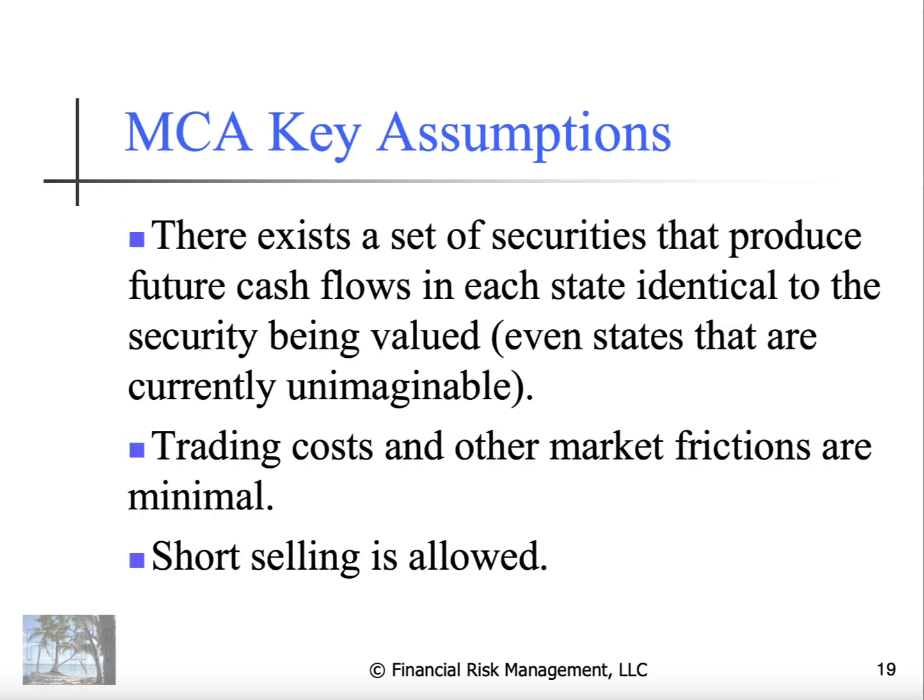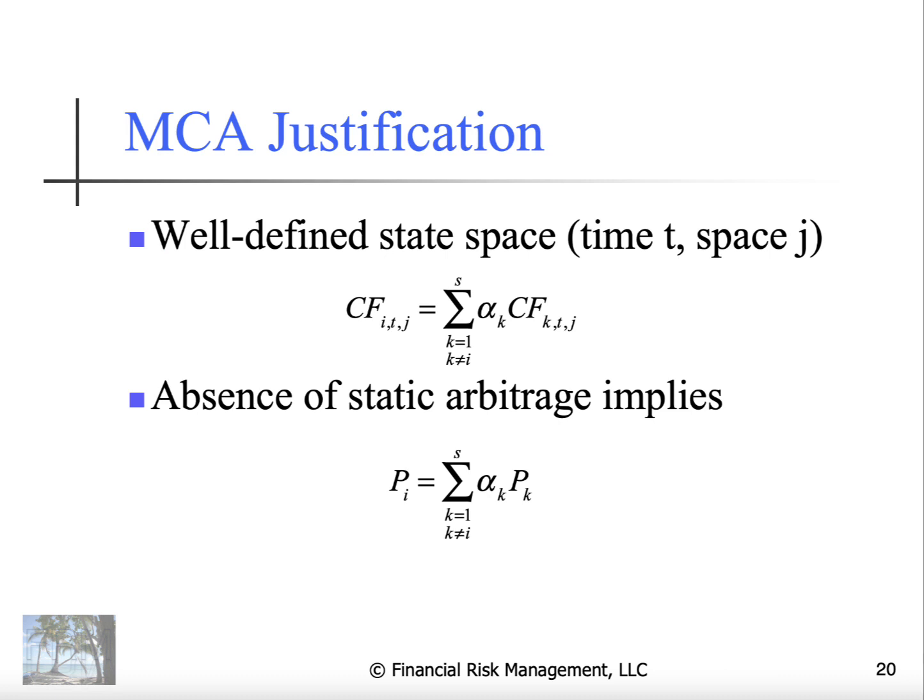The key assumption is that there exists a set of securities that produce the future cash flows in each state identical to the security being valued, even states that are currently unimaginable. Trading costs and other market frictions are assumed to be minimal. Short selling is allowed in order to permit the static arbitrage to be effective.